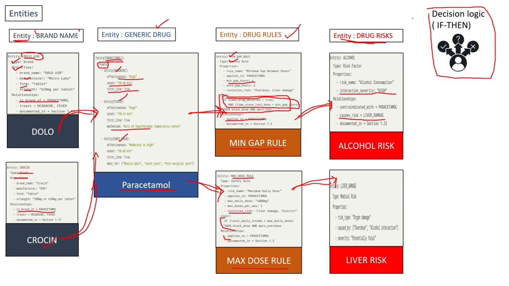In the rule entities it has a decision logic, if this then that, in whatever process it is doing. From these entities, relationships, rules and decision logic, everything, it has some intelligence, consider that, and then it will create a knowledge database. What database? It will have all the entities and their relationships, that is called a knowledge database.